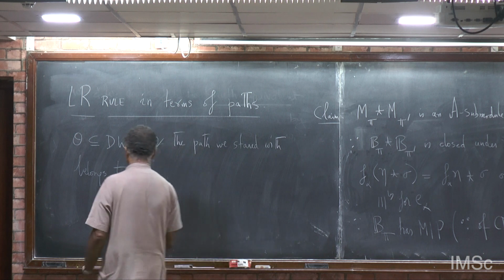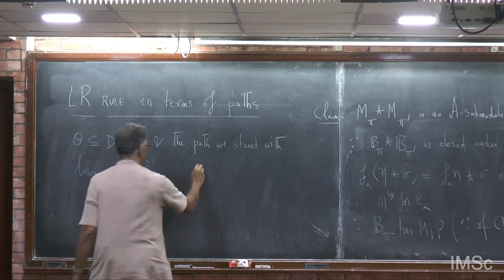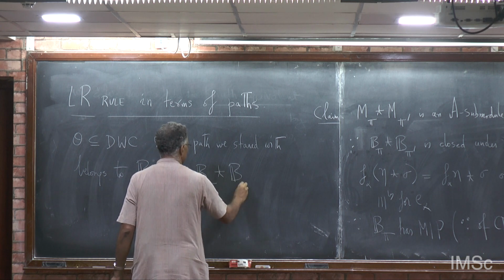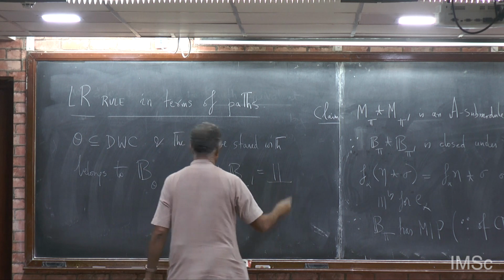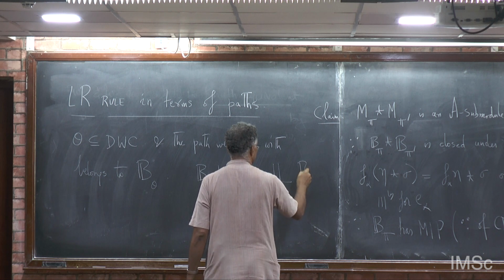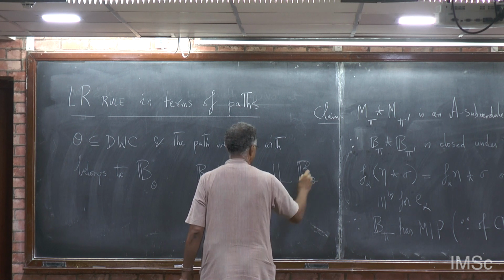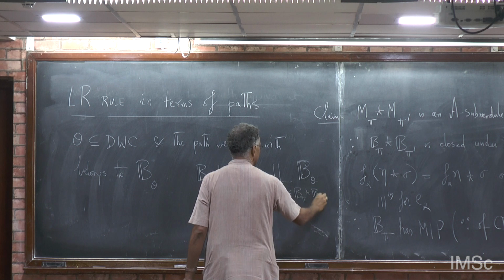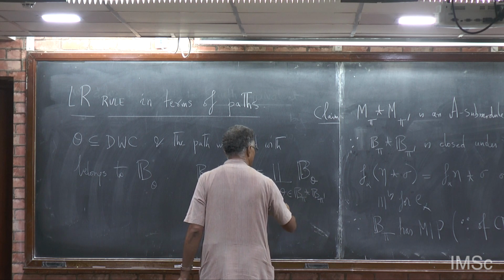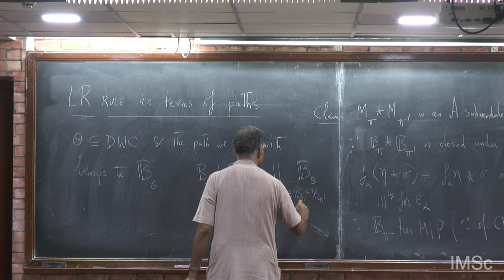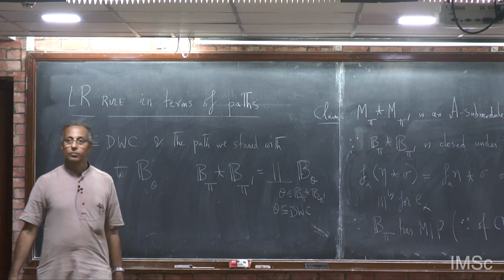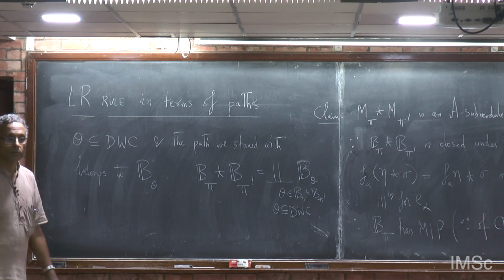So what we have is B pi, so theta belongs to B pi, and that theta lies entirely in the dominant Y chamber. Correct? That's what we have. Okay.